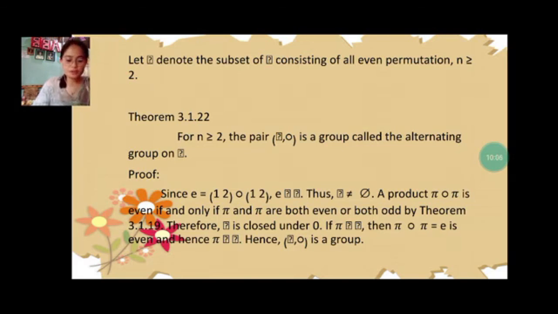Therefore, A sub n is closed under composition. If pi is an element of A sub n, then pi composed with pi raised to negative 1 is equal to E, which is even, and hence pi raised to negative 1 is an element of A sub n. Hence, the pair A sub n and composition is a group.